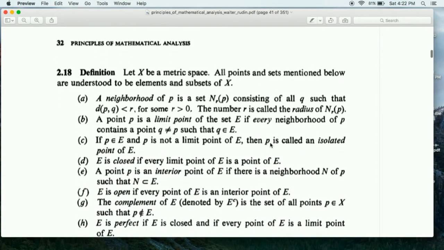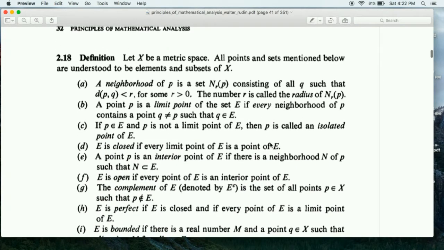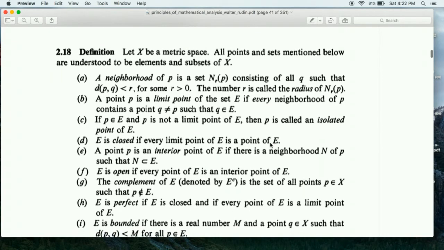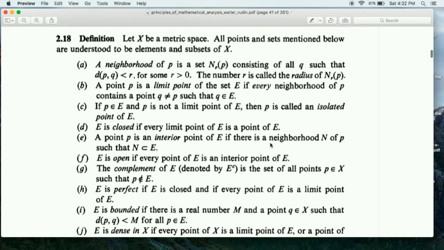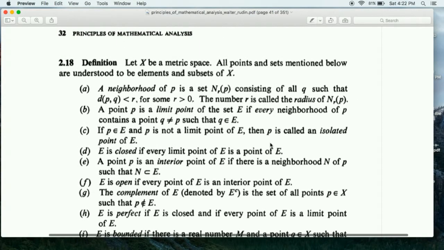Now, these are the important topological notions: neighborhood, limit point, interior point, and so on. We consider X to be a metric space. What is a neighborhood of some point?